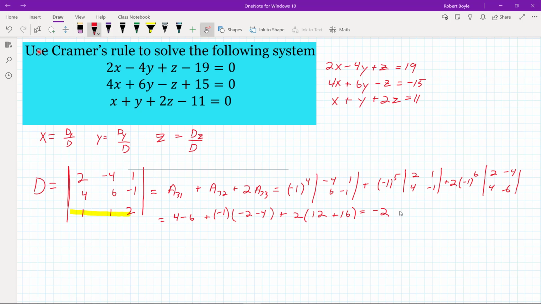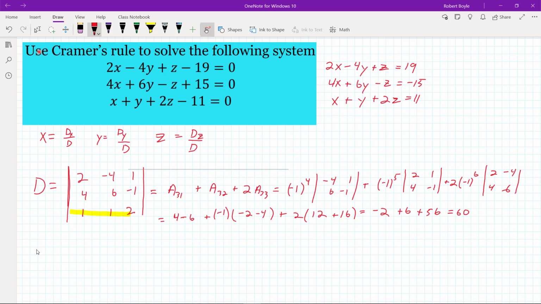So negative 2 plus 6, and then plus 28 times 2, or 56, and that will be equal to 60. Okay, so that is d, and it is non-zero.